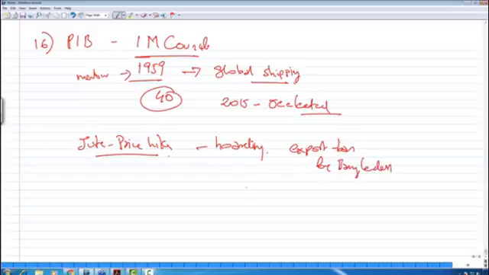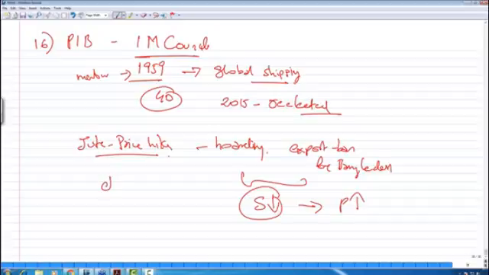So both of these meant that there was a reduction in supply and hence an increase in prices of jute. So what the government started doing is de-hoarding measures and collaborating with Bangladesh to lift the export ban. So just remember these items about the jute price rise.